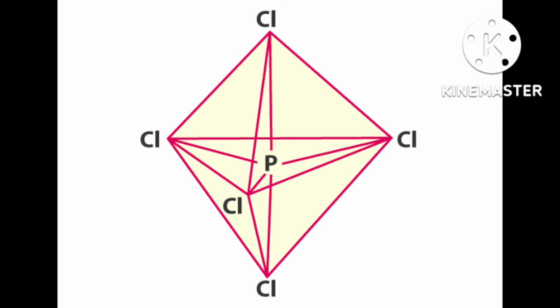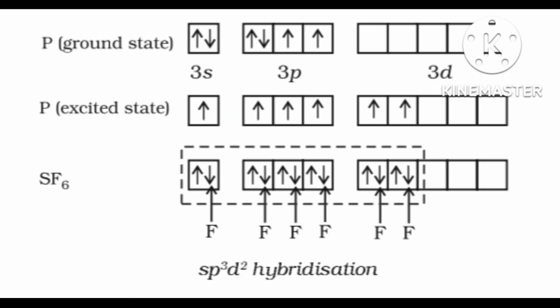Now I will give an example of PCl5, sp3d. The ground state and the excited state of the outer electronic configuration of phosphorus, atomic number 15. The outermost orbital of phosphorus in the ground state has 5 electrons.